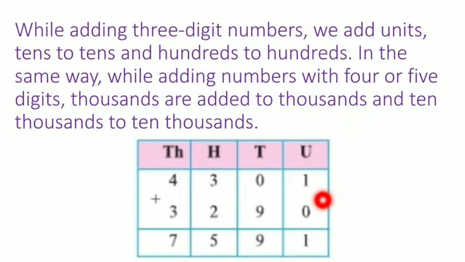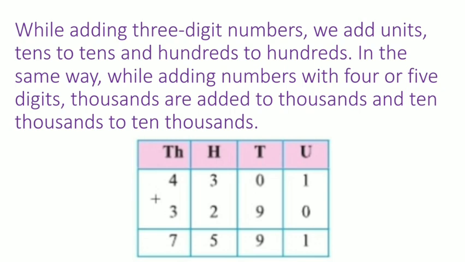1 plus 0. Anything added with 0, we get the same number. So 1 plus 0 is 1. Look at the tens place. 0 plus 9, again we get the same number, 9.